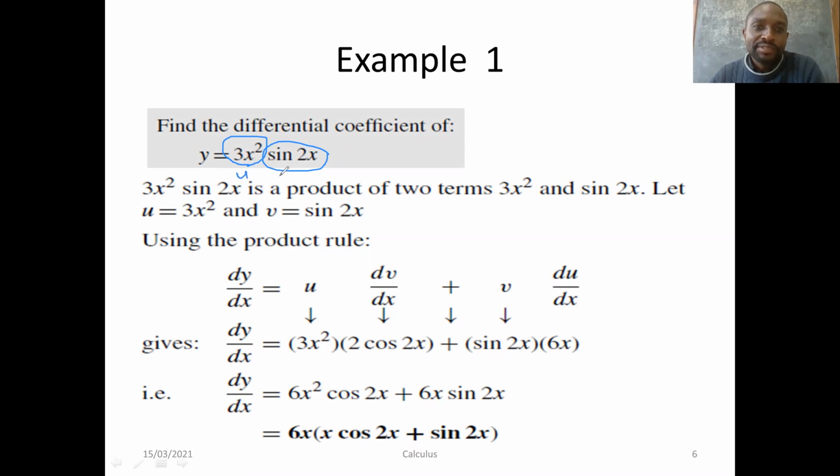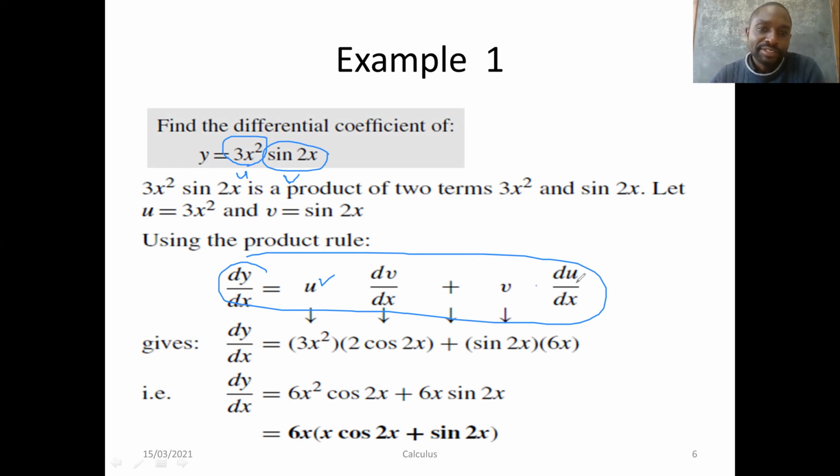We can denote the first one as u, while the second one as v in this function. And once we do that, we can now apply the product rule, which is given here: dy over dx being, take the first function the way it is, differentiate the second, plus take the second function the way it is, multiply by the derivative of the first.